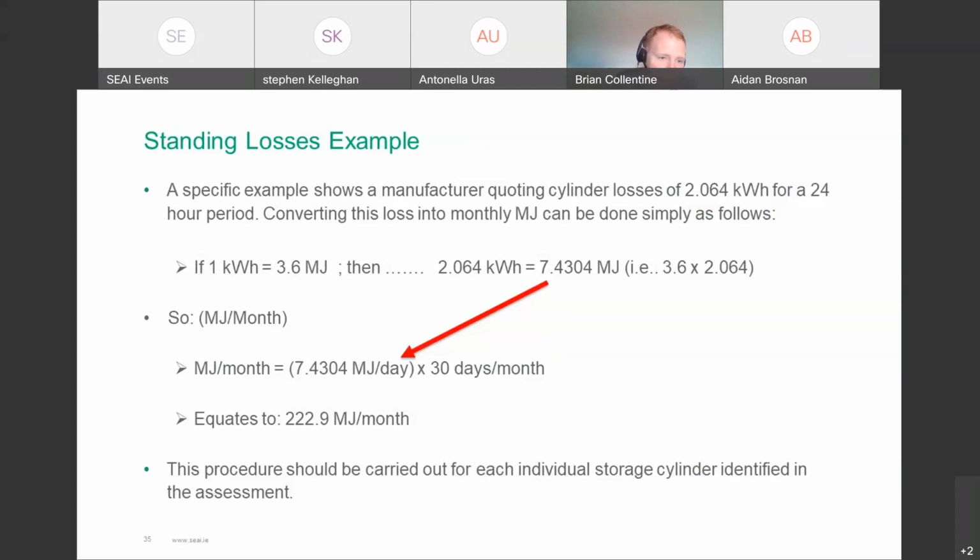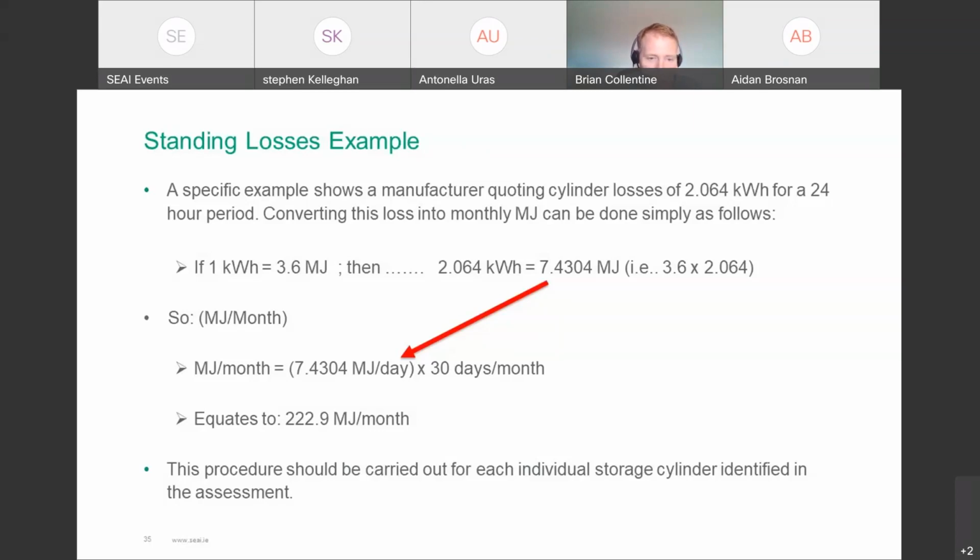Using the relationship 1 kilowatt hour equals 3.6 megajoules, that converts 2.064 kilowatt hours to 7.4304 megajoules. So for megajoules per month, you take that figure down below in red and multiply by 30, and that equates to 222.9 megajoules per month.